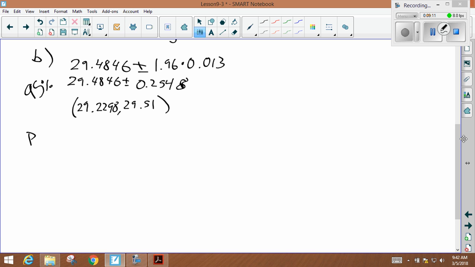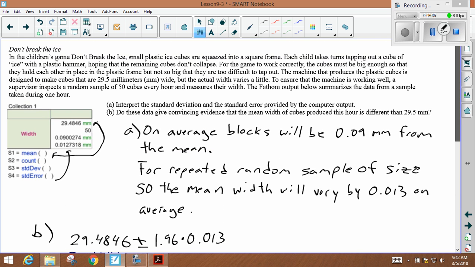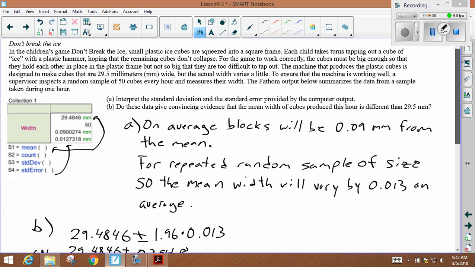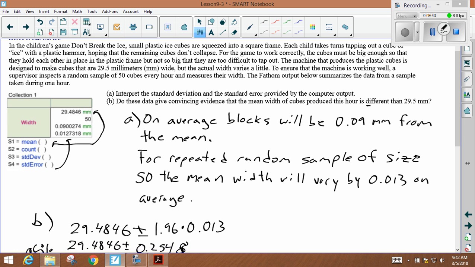So mu, our parameter of interest, is the mean width of cubes produced by this machine. We're going to try to go a little faster. Our hypothesis, well, do we care if they're bigger or smaller, or just not equal to that? It's different from, right? So when we're testing our hypothesis, we're looking for greater than, less than, or different from.